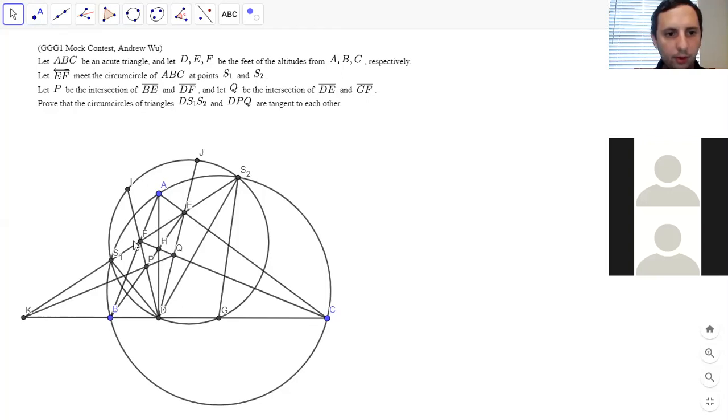So if H is the incenter of DEF, and P and Q are the theta angle bisectors, I wonder if we could try to make I and J something similar.